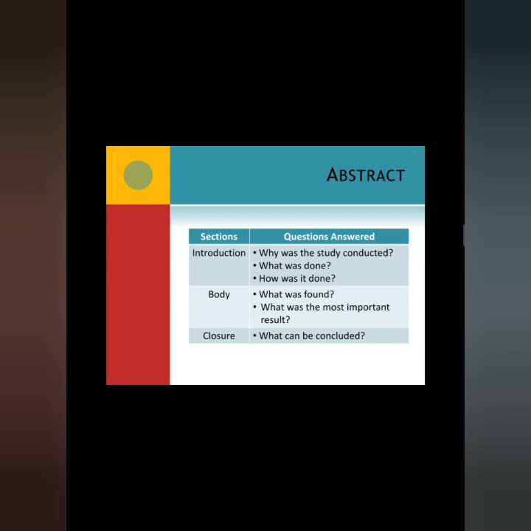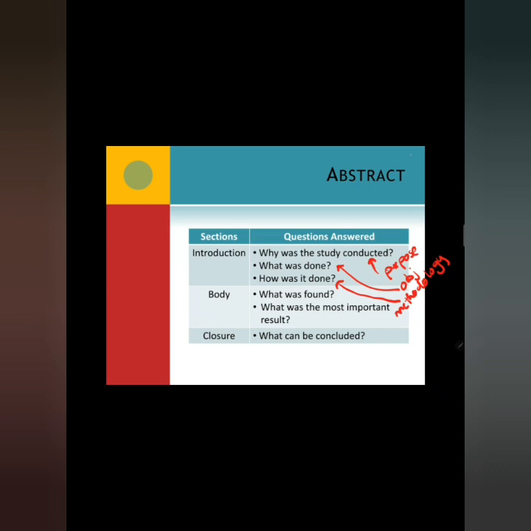Okay, all right, and then, let me write here. So this, as I said just now, is the purpose. This is the objective of the study, and this is the methodology.